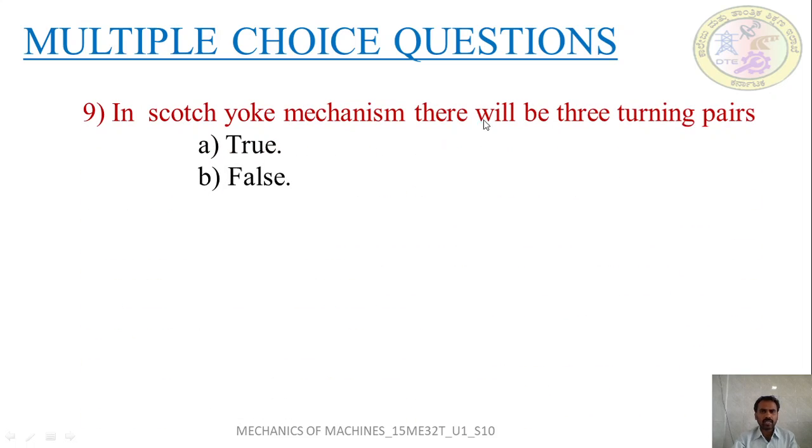In the Scotch-Yoke mechanism, there will be 3 turning pairs. True or false? How many turning pairs does the Scotch-Yoke mechanism have? This statement is false. It has 2. So the answer is false. The Scotch-Yoke mechanism has only 2 turning pairs, right?